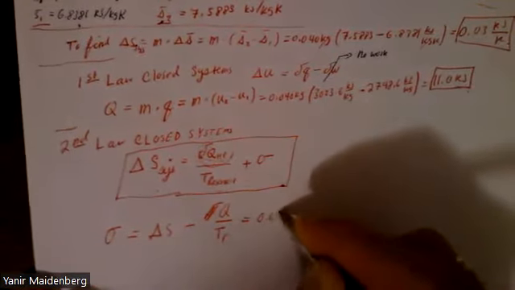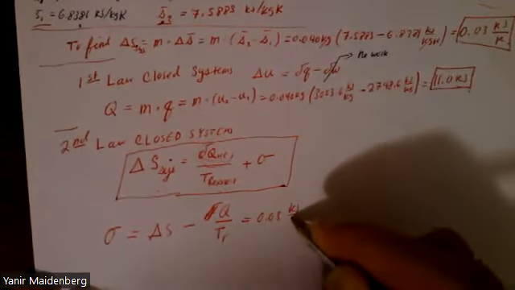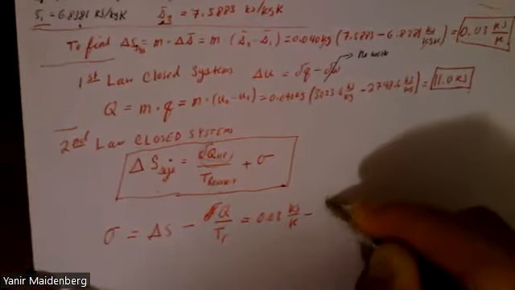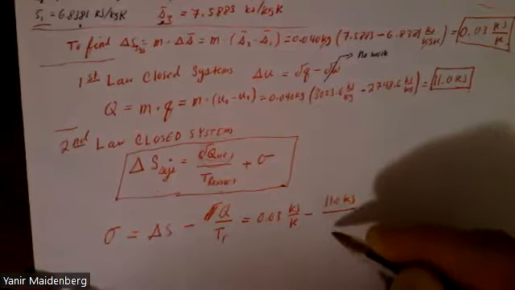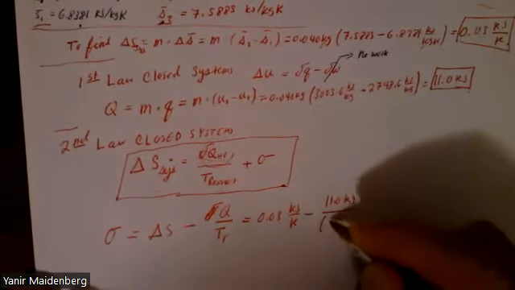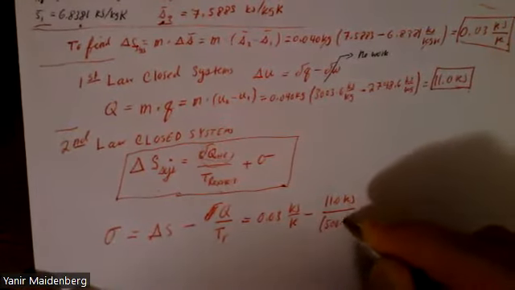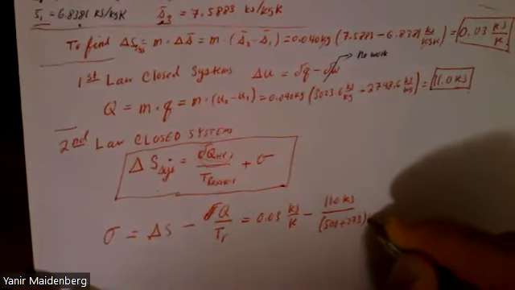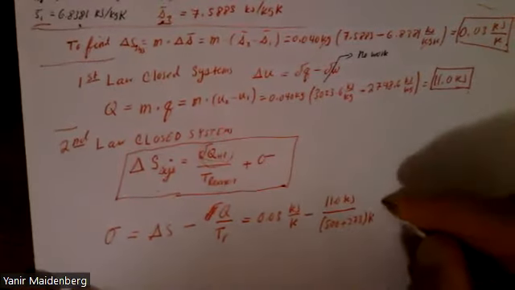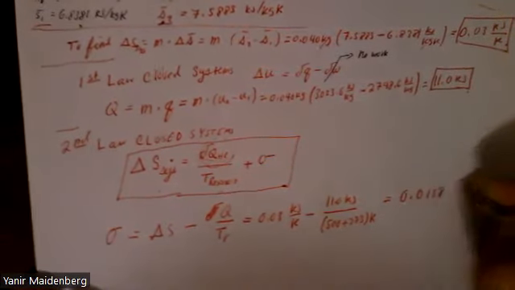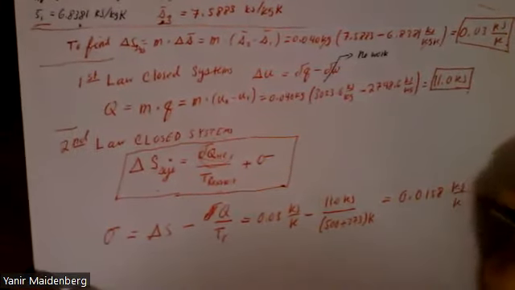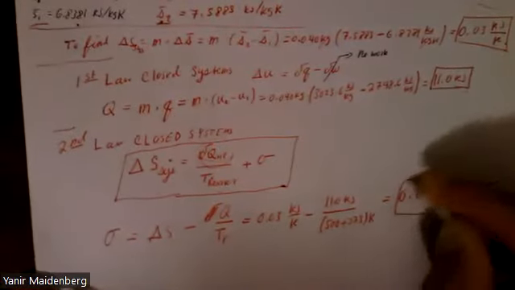This is 0.03 kilojoules per Kelvin minus 11.0 kilojoules for the heat, divided by the temperature of the surroundings in Kelvin. And we finally get 0.0158 kilojoules per Kelvin. This is our entropy generation.